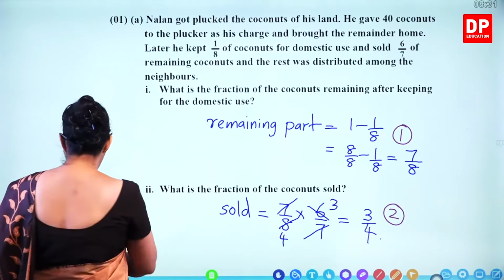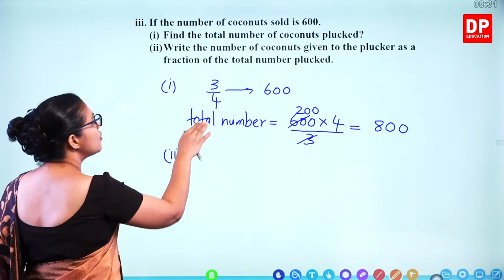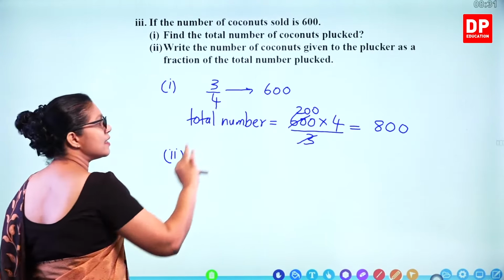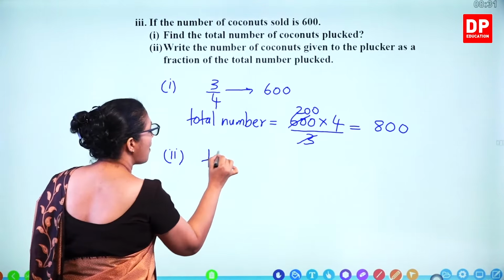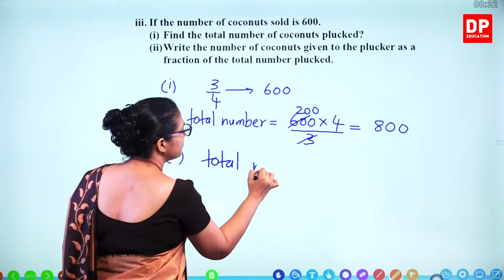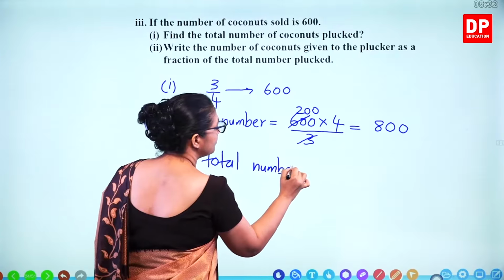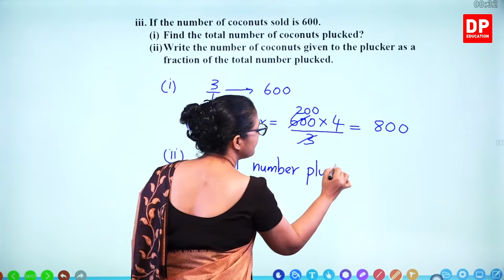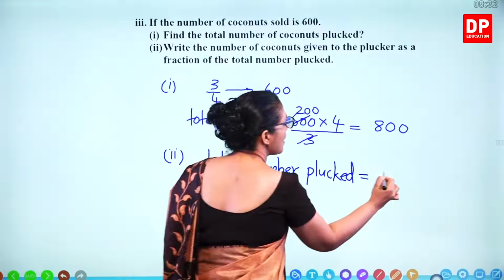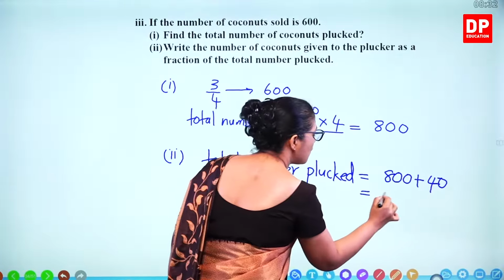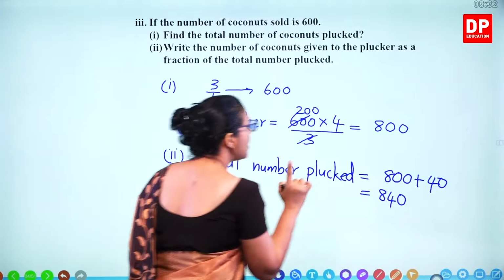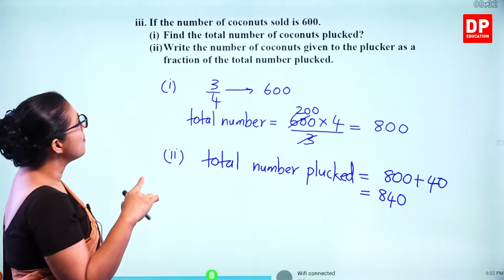So this 800 is the total after he gave 40. So what's the total number he plucked? You have to add that 40. 840.